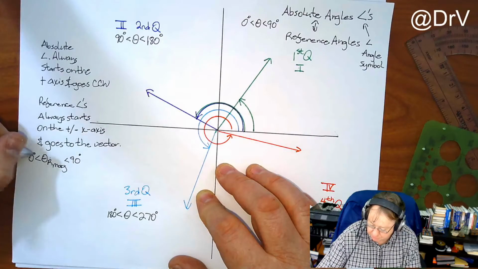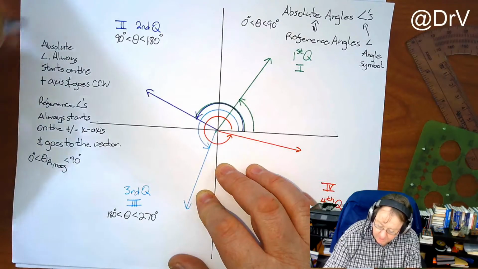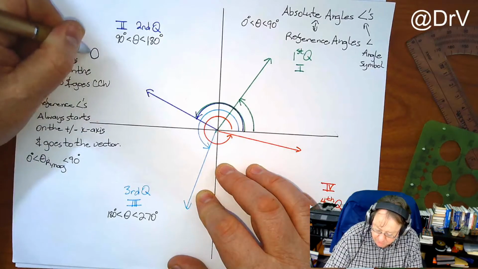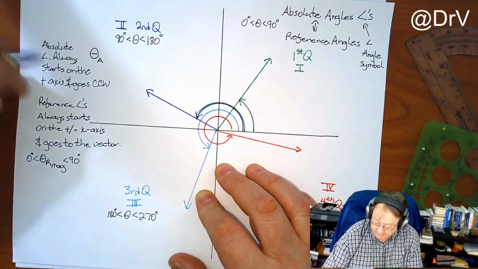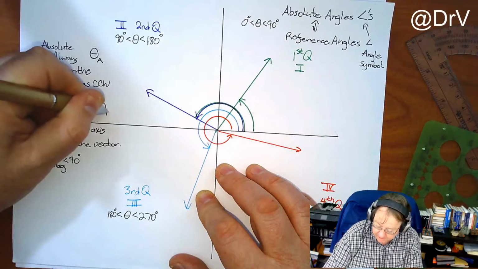That has to be true. And so absolute angles you denote by theta A, and reference angles are done by theta R.